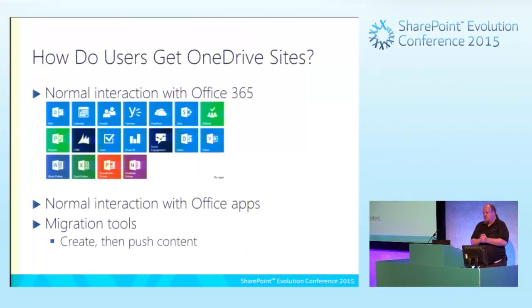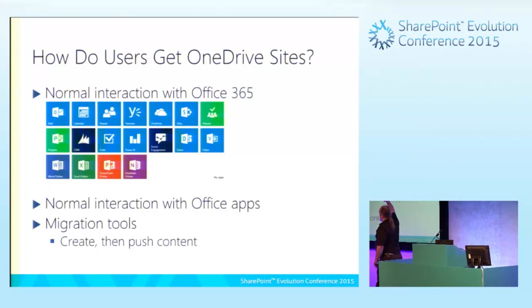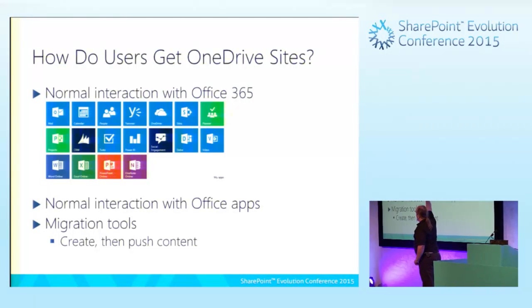So how do users get the OneDrive sites? The easiest way is when they're in Office, in the app launcher, just clicking on their OneDrive, and then if they don't have their site provisioned, once you click that, SharePoint will provision it for you. So that's the normal way.